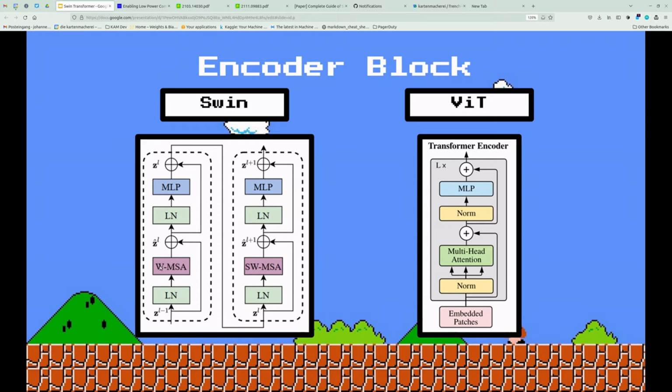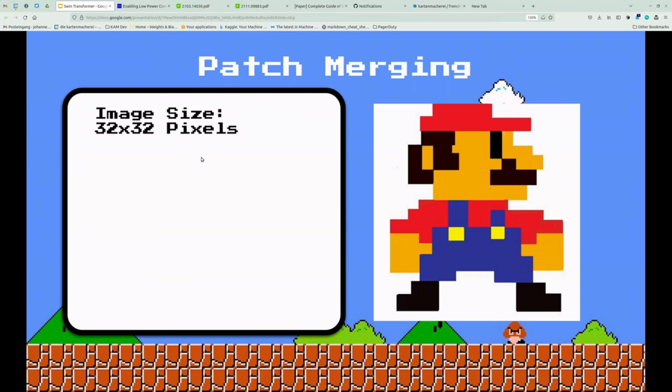Here's a window multi-head self-attention, and then you've got a residual connection from the start to the middle, another residual connection from the middle to the end, and a layer norm and a multi-layer perceptron. So basically the encoder block is the same, just that the attention is computed differently. And yeah, I'll go on to the next slide.